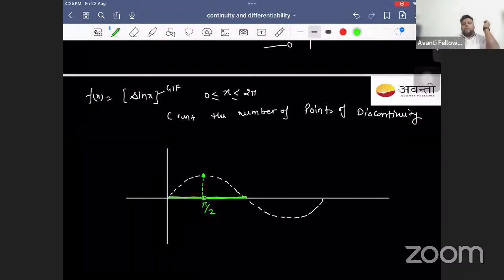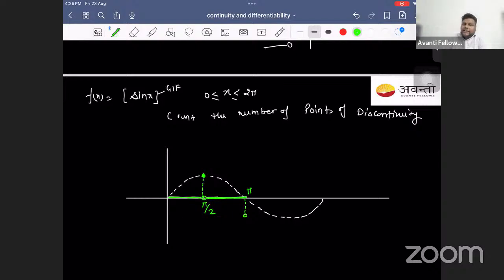So from 0 to pi, the value will always be 0 except at x equals pi by 2, where the value is 1. Now exactly at pi, sin x is 0, the greatest integer is also 0. Now to the right of pi, sin x starts getting negative.